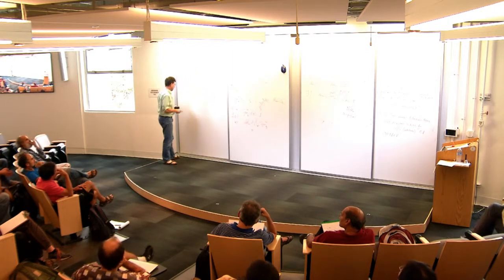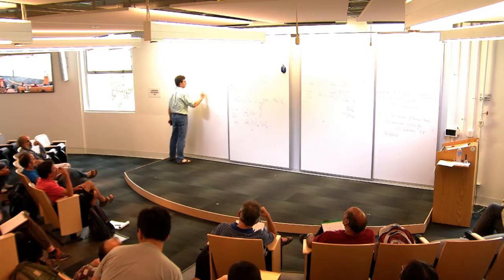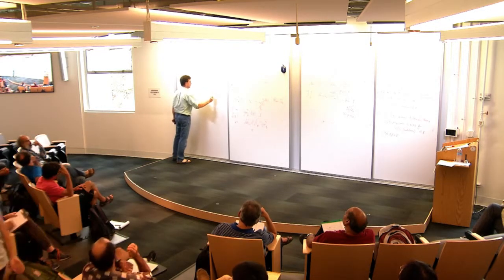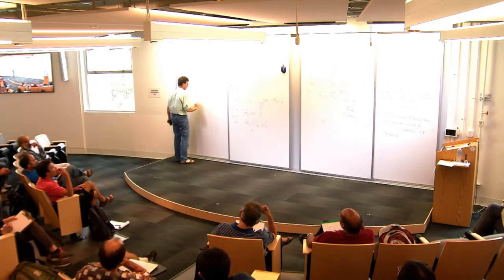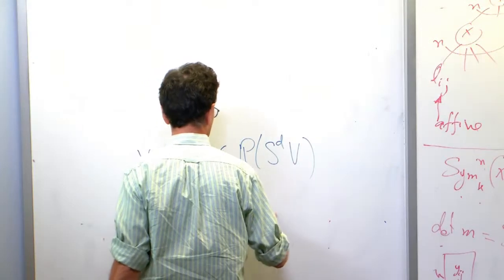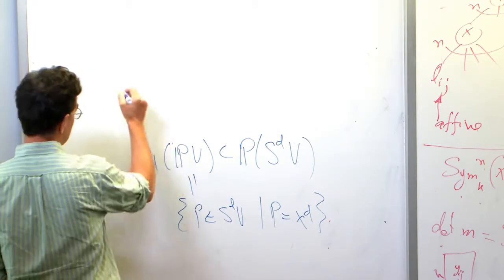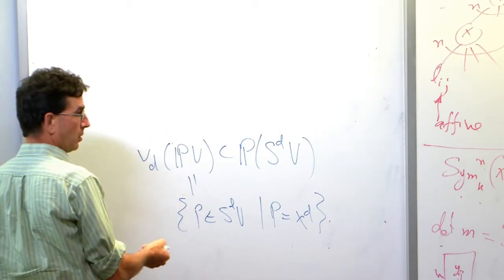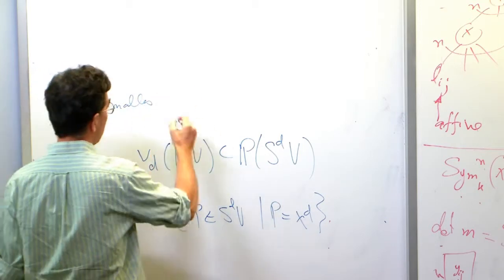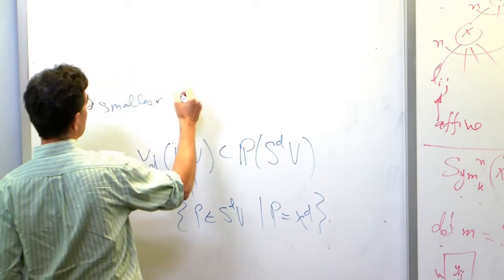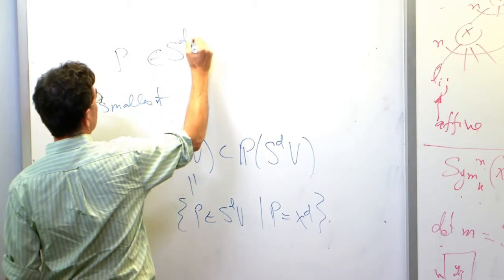So there's this Veronese variety, which is just the d-th powers. And then you have this symmetric or Waring rank of P, a polynomial.